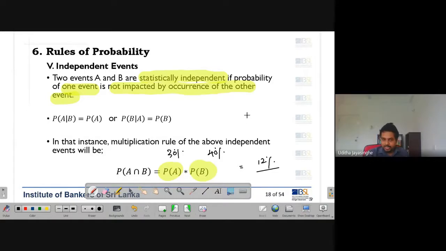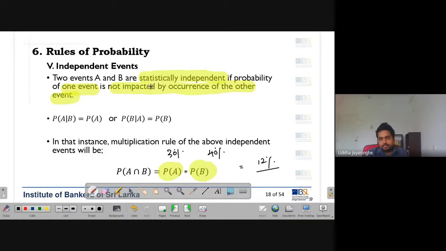One could get carried away with how you calculate the multiplication provided that you don't have the commonality, but it's not the case. The broad idea is that statistical independence means the first event occurring will not have an impact on the second event.